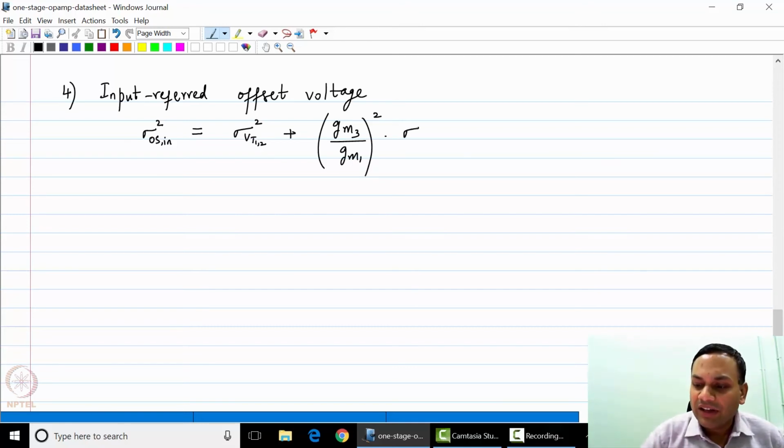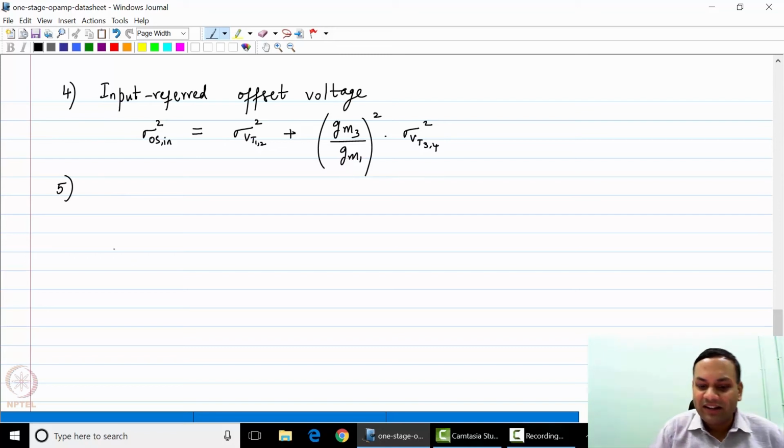The second term is the VT mismatch of transistors M3 and M4. So this is the expression for the input referred offset voltage. As we have seen before, if you were to minimize the offset contribution of M3 and M4, you have to decrease GM3 relative to GM1.